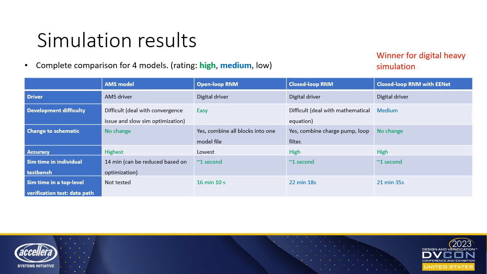Next, according to the last slide, the 3 closed-loop models can accurately model the settling response of the PLL loop. And for simulation time, all 3 real-time models are much faster than the AMS model. Before doing the experiment, to run DMS verification, we were using an open-loop real-time model, but we switched to the ENet model because it has many additional advantages without adding too much overhead to the simulation speed.